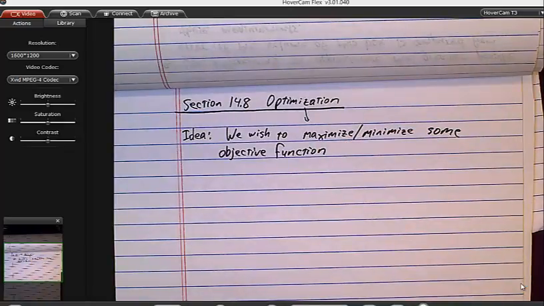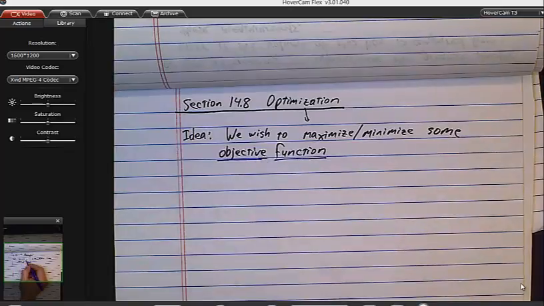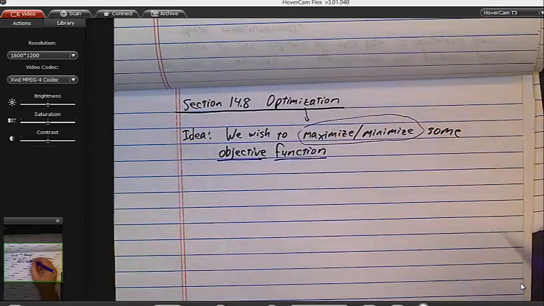This is a fancy word, I guess, objective function. But basically, when you see those two words together, objective function, you want to think, oh, maximize or minimize it. That's the whole deal. There's something we want to maximize or minimize. Okay?